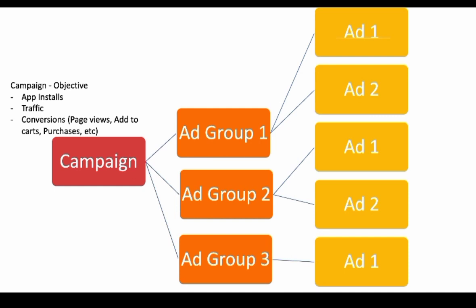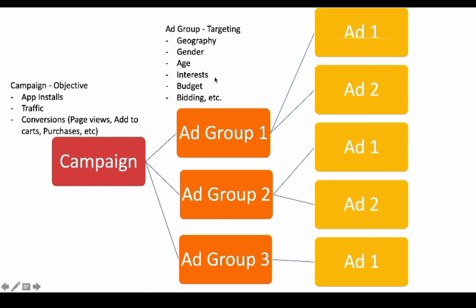When you come to ad group, this is where you do targeting. So here you get to choose the geography, meaning which countries do you want your ad to be shown to, which states do you want, which areas do you want, the gender, do you want it to show to males, females, or both? Do you want to show them to particular ages, or do you want to show it to all?